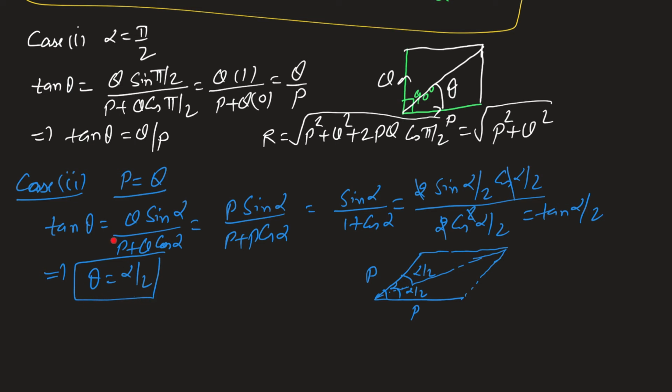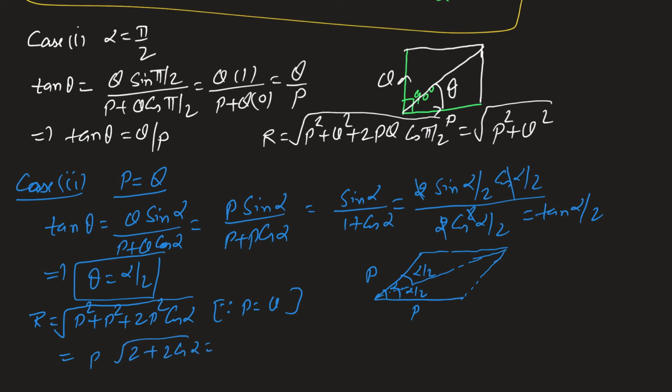Now next, R in this case will be the square root of P square plus P square plus 2 P square cos alpha. Because we have taken P is equal to Q, so P square will come out. So this will be 2 plus 2 cos alpha.